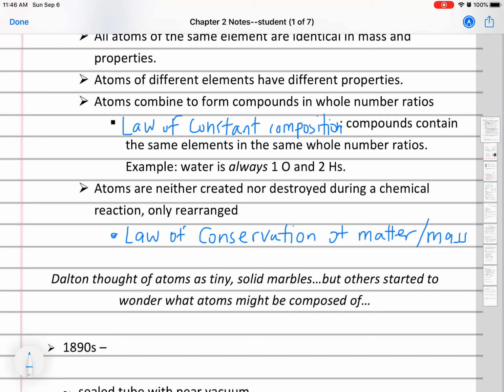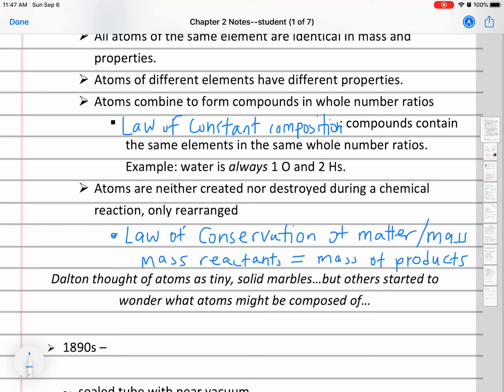Multiple experiments had shown that the mass of the reactants always equals the mass of the products. In other words, matter can't be created or destroyed. You can't lose mass or gain mass out of nowhere, so when a reaction is run in a sealed vessel, you can't lose or gain mass.